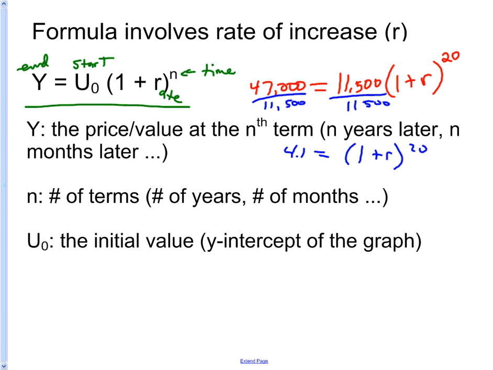And then we put everything to the 1/20th power, which came out to 1 point something, 1.07, wait a minute, I'm making different numbers here. 1.072. All right. And that equals 1 plus R. And then you subtract 1 from both sides, you get 0.072 is R. That looks like a rate to me. 0.072 means about what percent? About 7%. 7.2% to be exact.